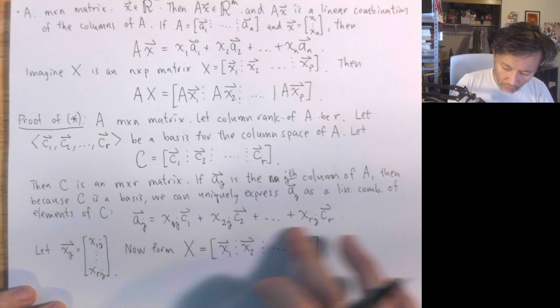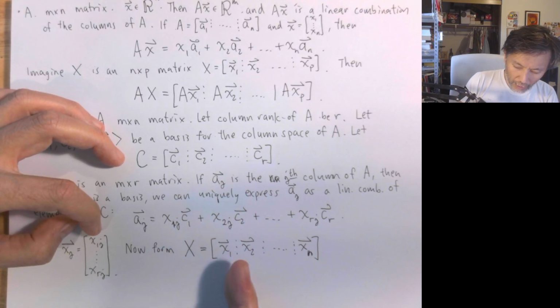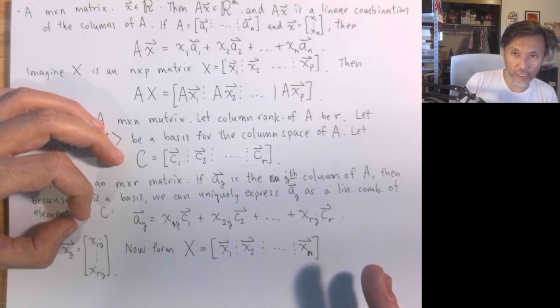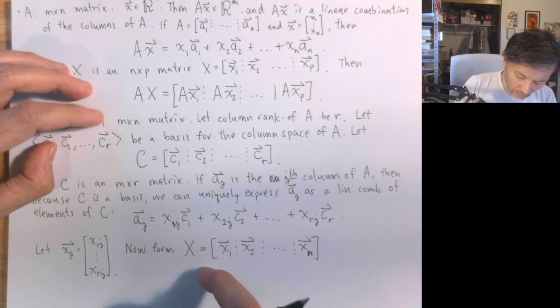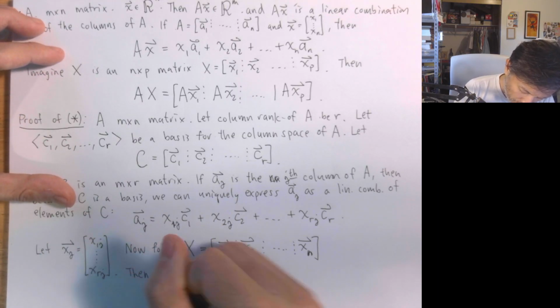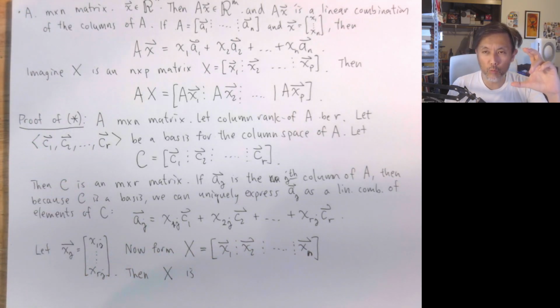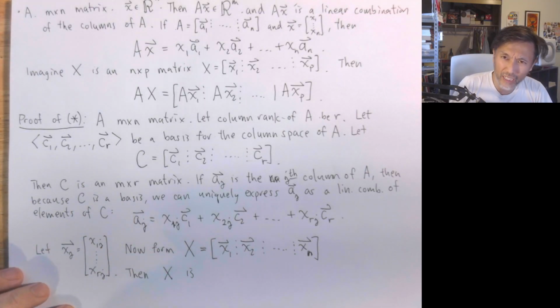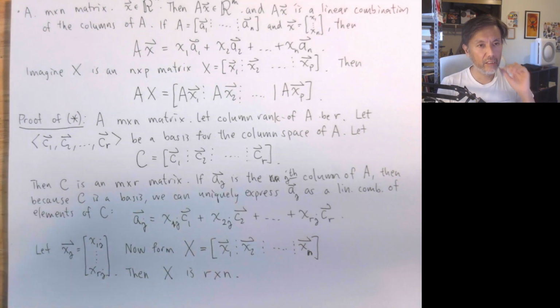I can take all those coefficients, organize them into a column vector like this, and stack all those horizontally into a big matrix X. And to be clear about this matrix, how many rows is it and how many columns? It's got r rows and n columns.